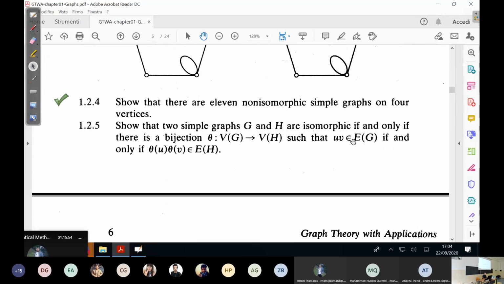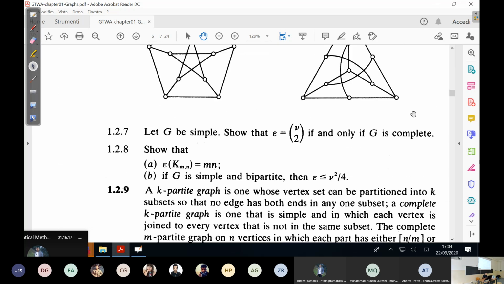Now, okay, this requires quite a lot of drawing. 11 non-isomorphic simple graphs on 4 vertices, okay? Here with a small board like this, it is a bit of a heavy thing. Okay, I'll try to do it.